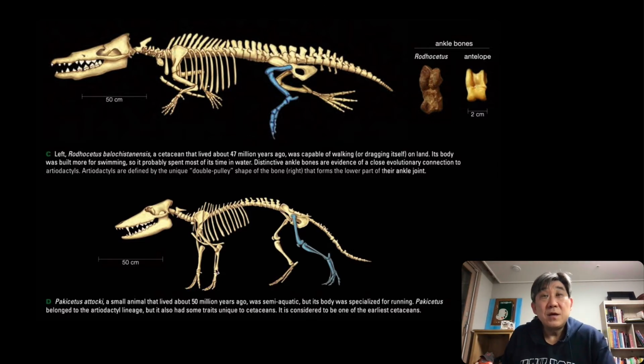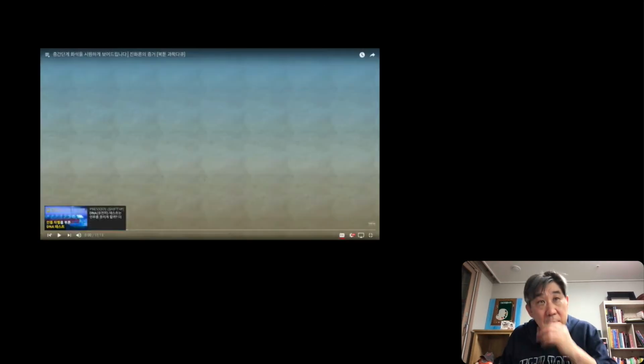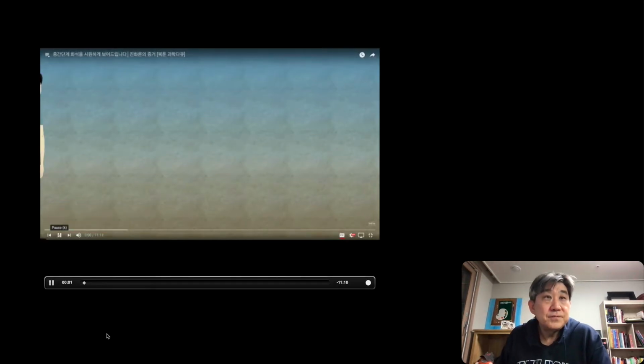If you follow the bone anatomy of these two fossil forms, you could be fairly convinced that this is how the transition and evolution occurred to finally become the present-day whale. So let's take a look at this one.